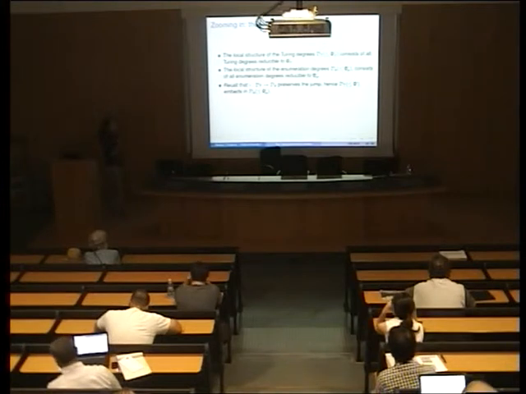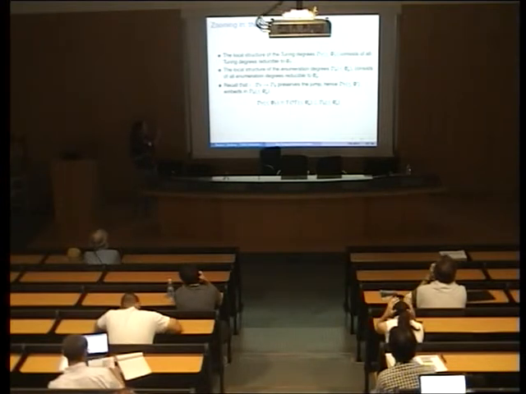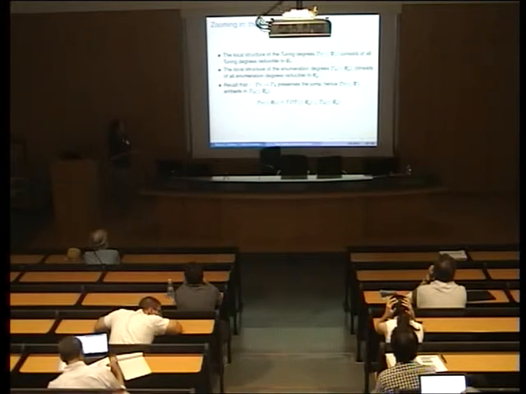So in this case as well, if you restrict it just to the local structures, you still have an embedding of one into the other. So the local structure of the Turing degrees is isomorphic to the total degrees below the first jump of the least enumeration degree, which is a substructure of the local structure of the enumeration degrees.